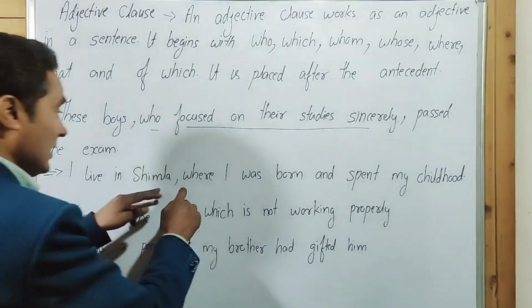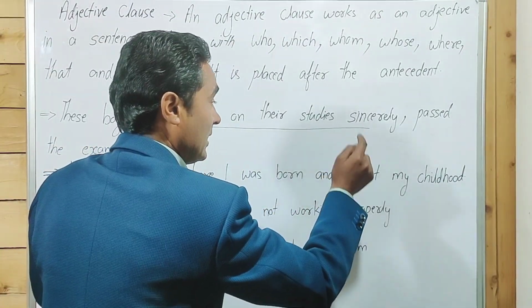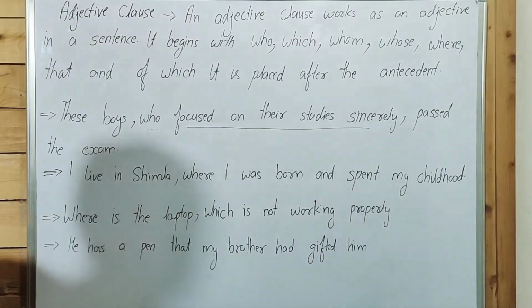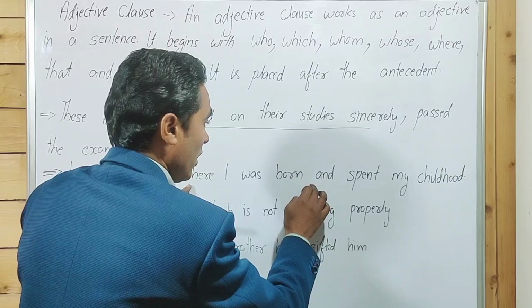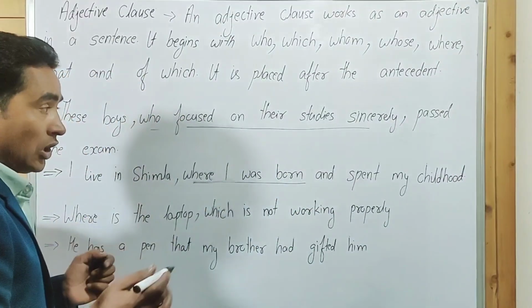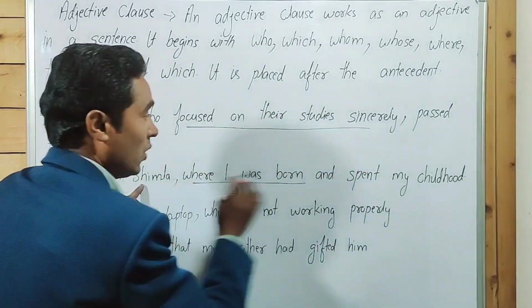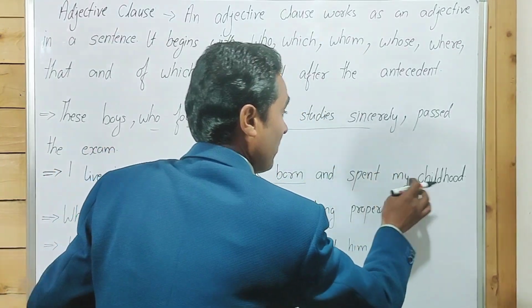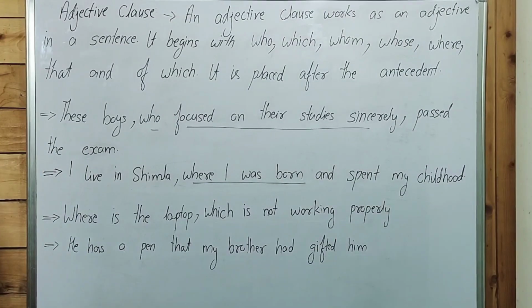We can write where I was born and where I spent my childhood. So here, where I was born is an adjective clause, a relative clause. And Shimla, where I spent my childhood, is also an adjective clause.